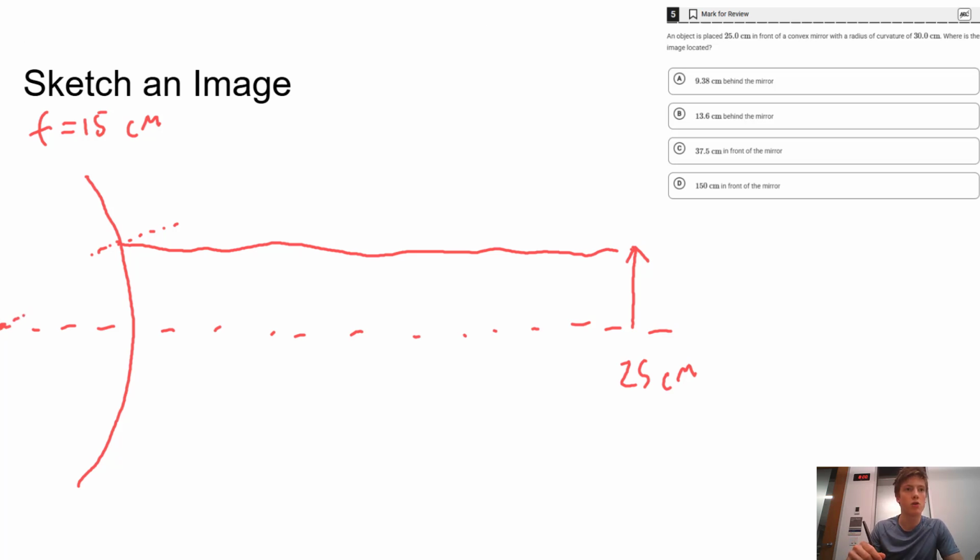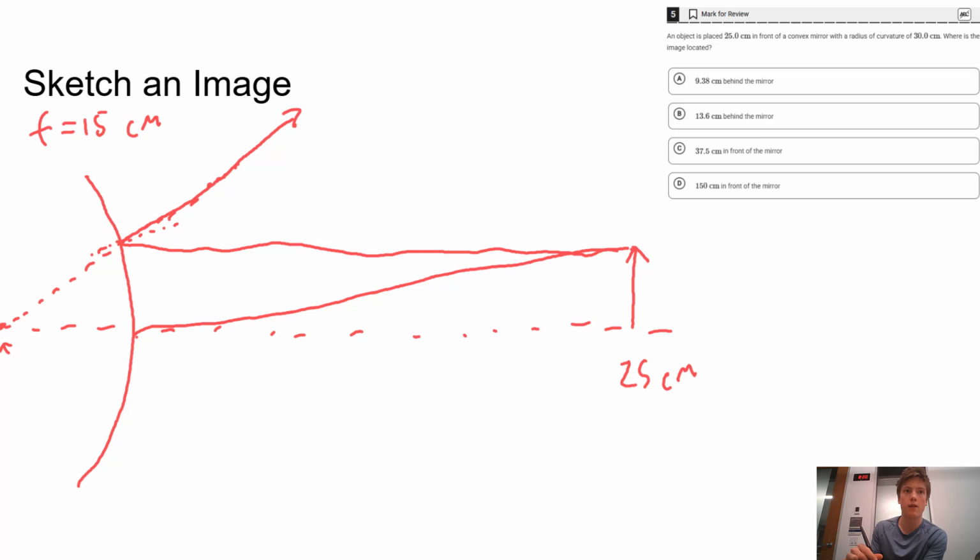So we can just draw this goes out like that, and it'll look something like that. I believe this focus point should be a little farther back, but I think the drawing does a pretty good job. And then we'll draw one more ray so we can get an idea of where the image will be. One more ray we can draw is across like this.